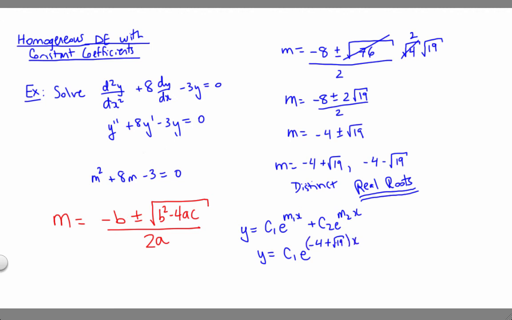So we really do want brackets there in that exponent. And then plus c2 e to the minus 4 minus root 19, and that's all going to be multiplied by x. So there we go. That is our general solution to the DE.